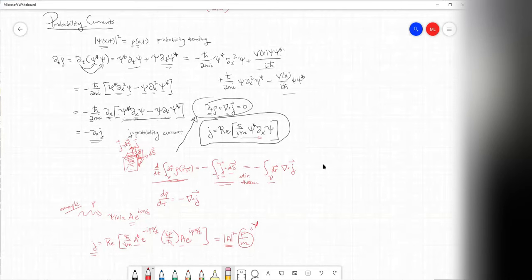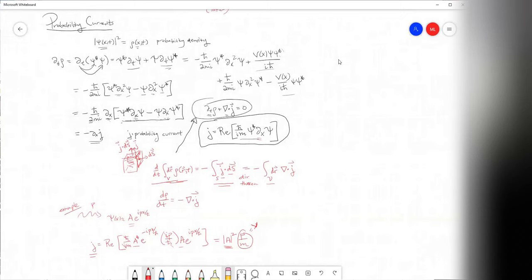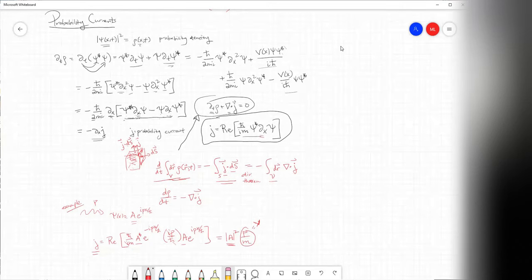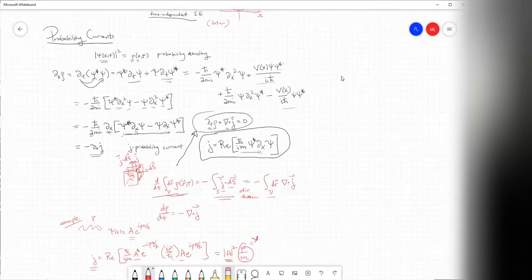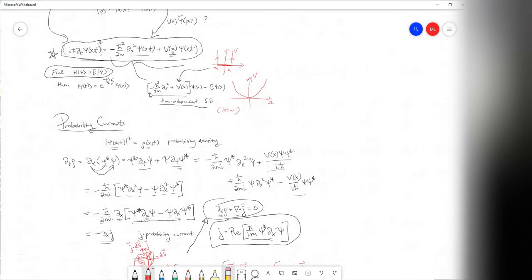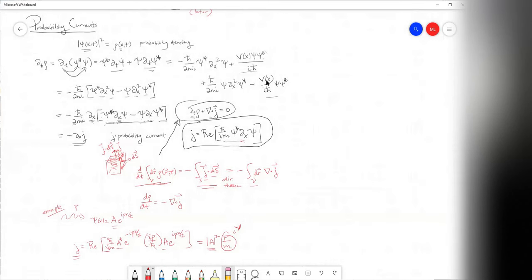Next, what we should do is look at different examples. Well, we studied the free particle. Now we should look at more examples of Hamiltonians that are maybe more complicated, with a particular V. And it's important to remember the probability currents.